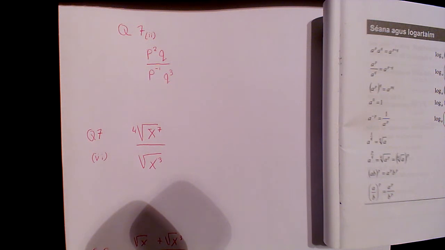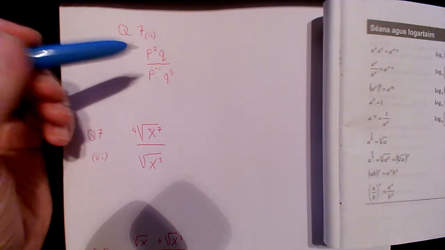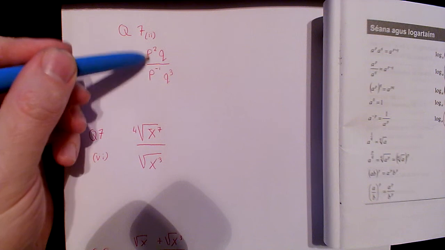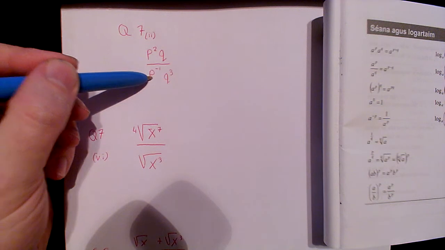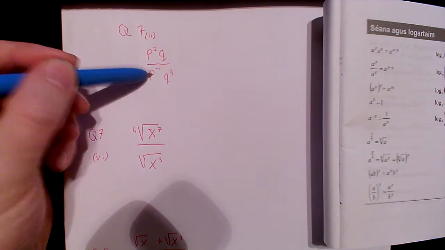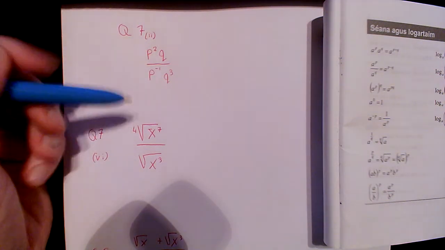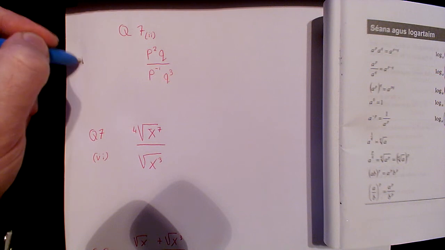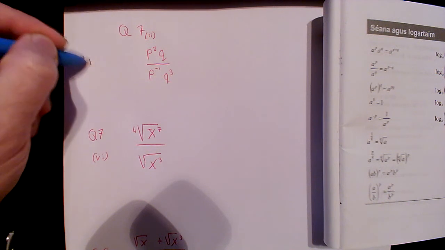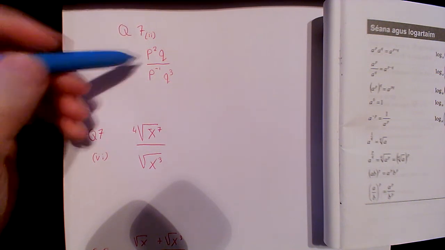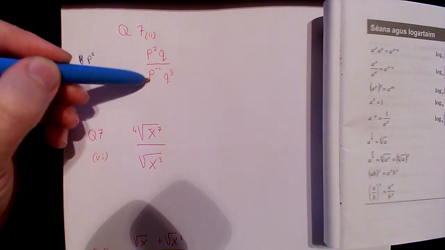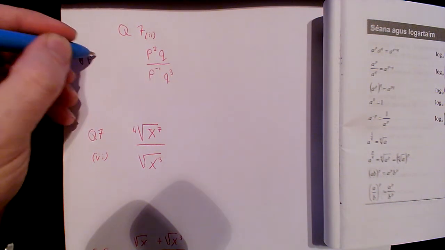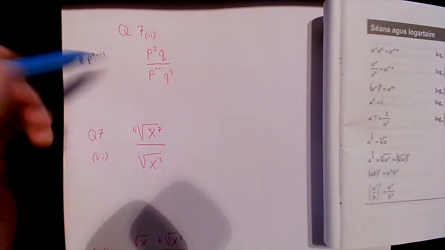But if we can use these rules over here to simplify it out, then we'll make it less complicated, right? So I'm looking here at we have p squared on top and we have p to the power minus 1 on the bottom, okay? But we know that when we're dividing powers, we subtract the indices, okay? So I'll just do that over here. So I'd have my p squared, and if I'm dividing these, then I subtract the power, so it'll be minus 1.